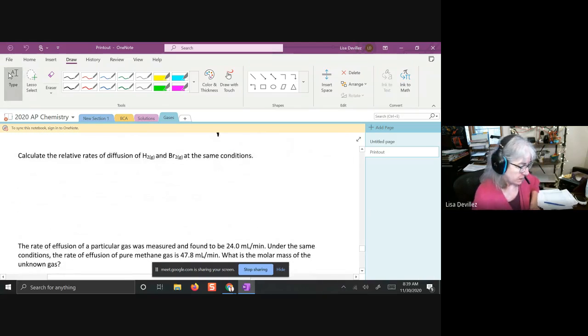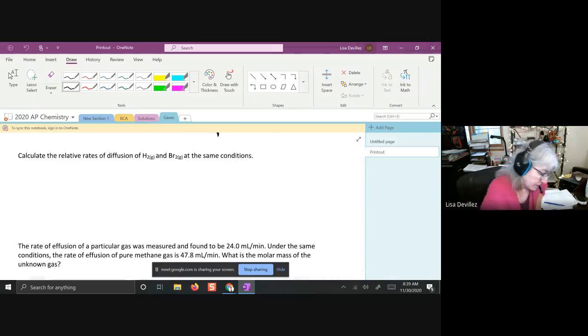Okay. So here it wants the relative rates of diffusion if they're at the same conditions. All right. And I usually put the smaller one on the top because it's going to be going faster. And so if the ratio is greater than 1, the one on the top is going to be faster than the one on the bottom. I don't know why it seems easier to think about it that way.